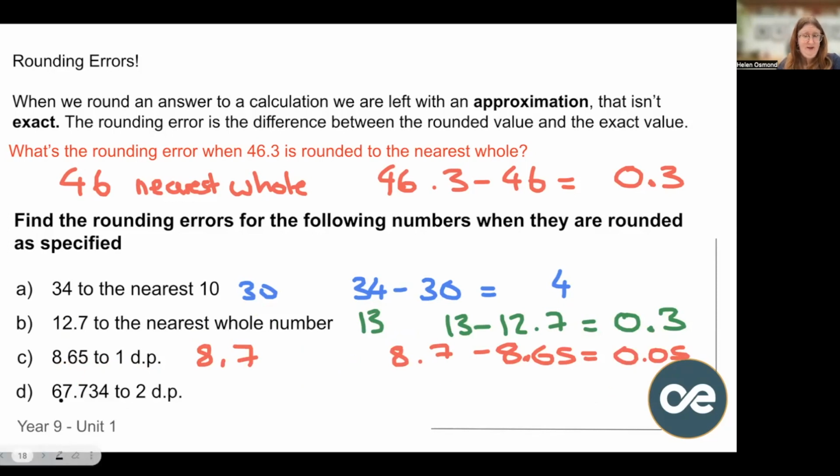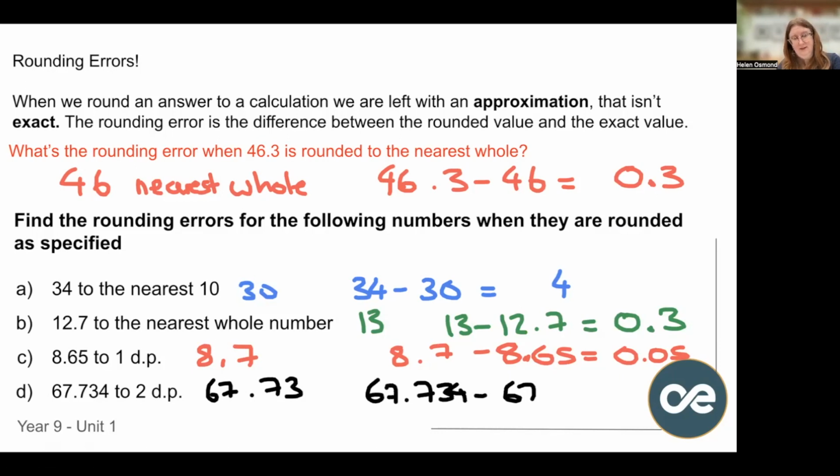And then finally then, if I round this one to 2 decimal places, I get 67.73. So then 67.734 minus 67.73 is going to give me a rounding error of 0.004. So that's the rounding errors when we look at the difference between our exact value and our rounded value.